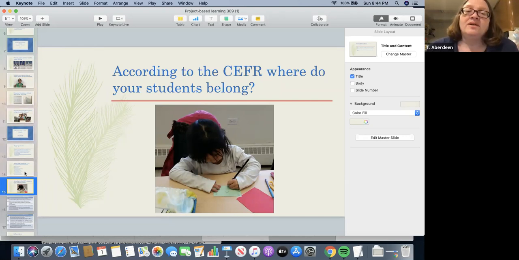So we're not looking at CEFR, but if we're thinking about benchmark levels, it's always good to think about where your students belong, because what your students can do at level 1 and the project they can do at level 1 should not be the same as level 5, right? So you have to be thinking about what are the language elements in this project that I need to teach my students so that they would be able to complete the project, okay?